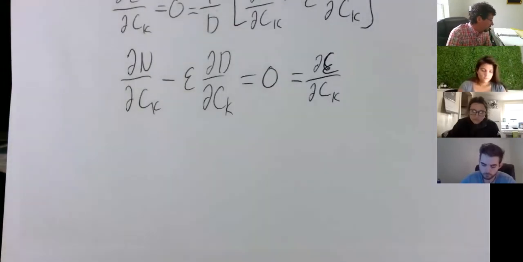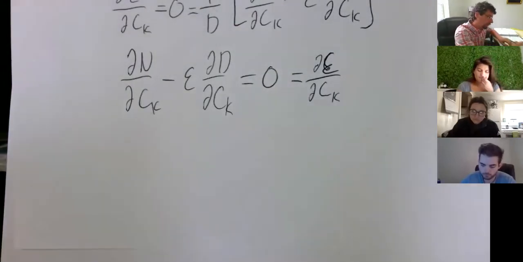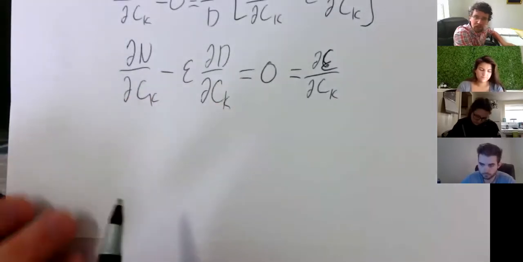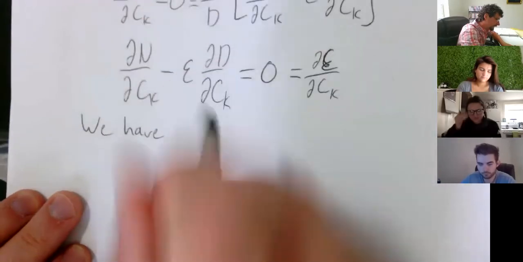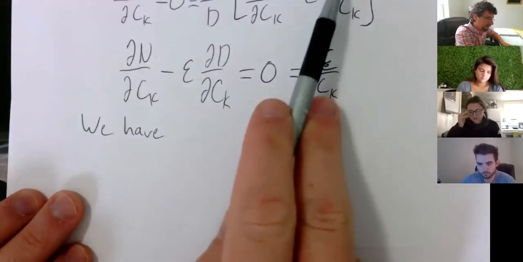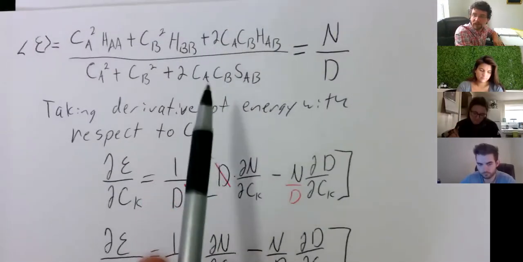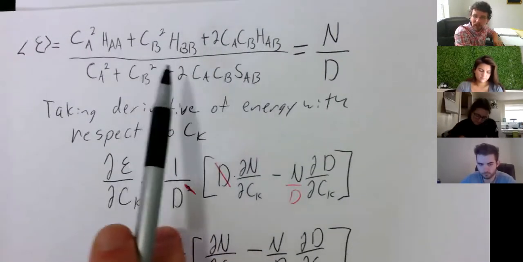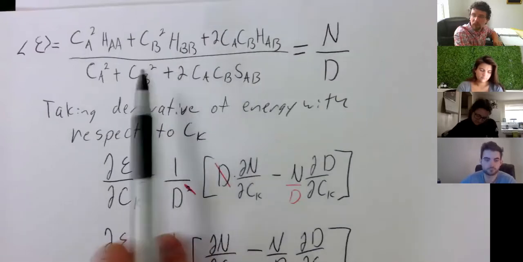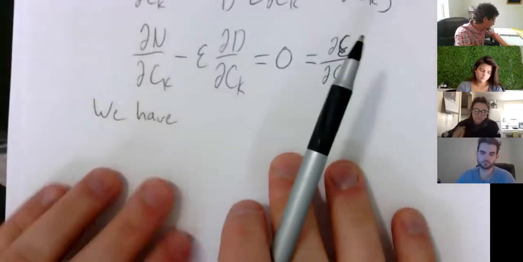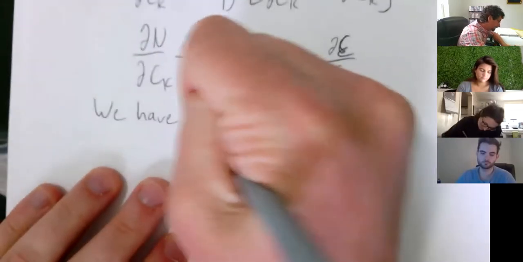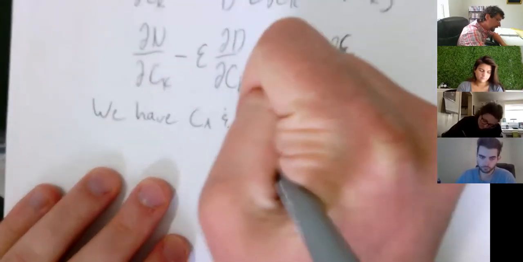All right, so now we have two constants. What are those two constants in our system that we're concerned about? Would it be D and N? Well, we have D and N, but that's the numerator and denominator of this big long expression. That's just shorthand. What constants do we have to solve for to know the energy of the system? CA and CB. Yep, so we have CA and CB to differentiate by.